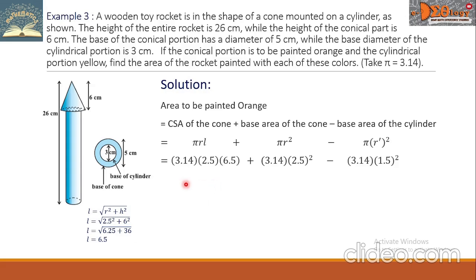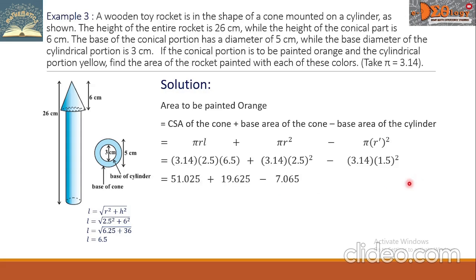So finally we have 3.14, that is the pi, times r is 2.5, times the L, which is 6.5, plus the area of the circle, 3.14 times 2.5, which is squared, minus pi is 3.14, and the radius of the base area of the cylinder is 1.5, and this is squared.